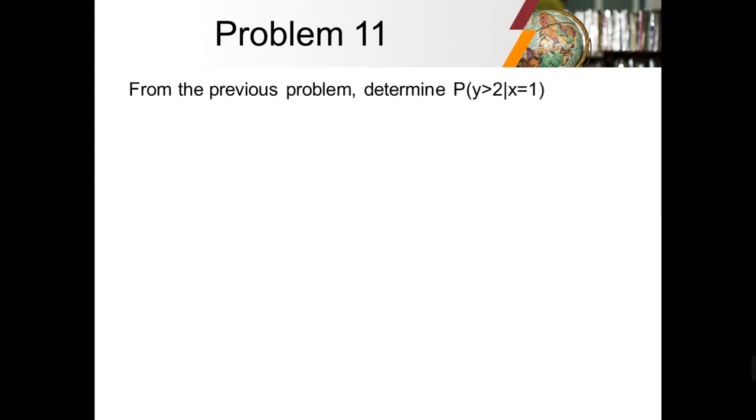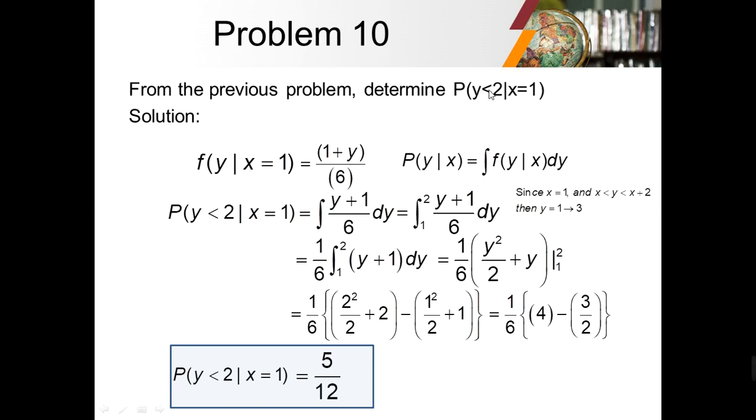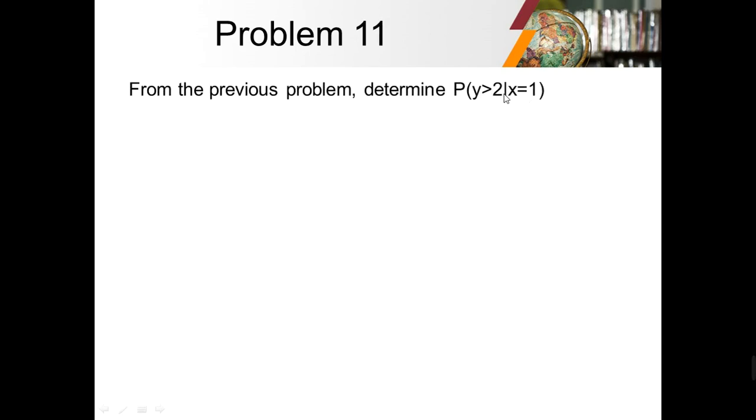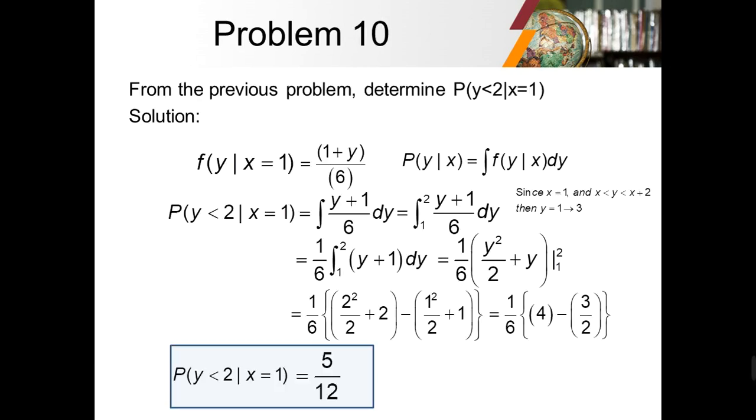Then, problem 11, from the previous problem, determine the probability that y is greater than 2 when x is equal to 1. Look at that, it's almost the opposite. Earlier, y is less than 2 when x is equal to 1. This time, y is greater than 2 when x is equal to 1. So, actually, we don't need to solve this the hard way, because we already solved it. The probability that y is less than 2 is the opposite of the probability that y is greater than 2, right?